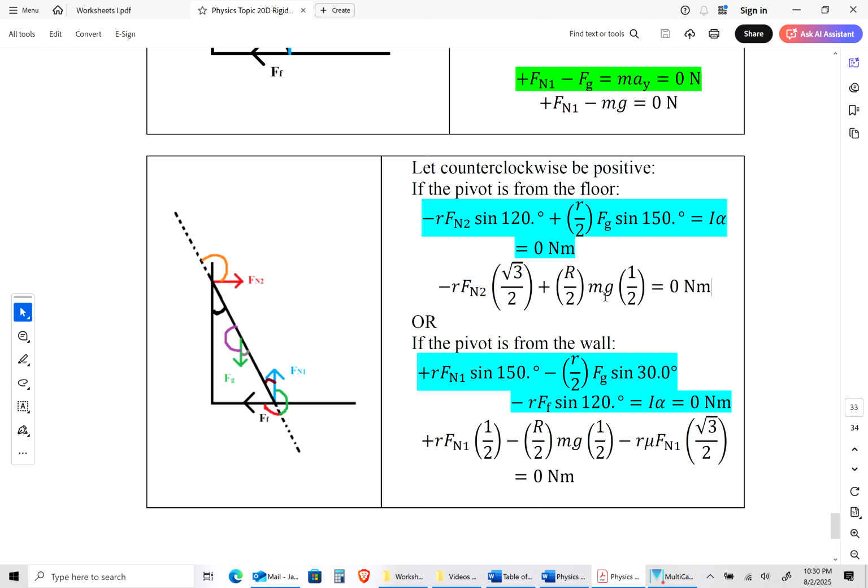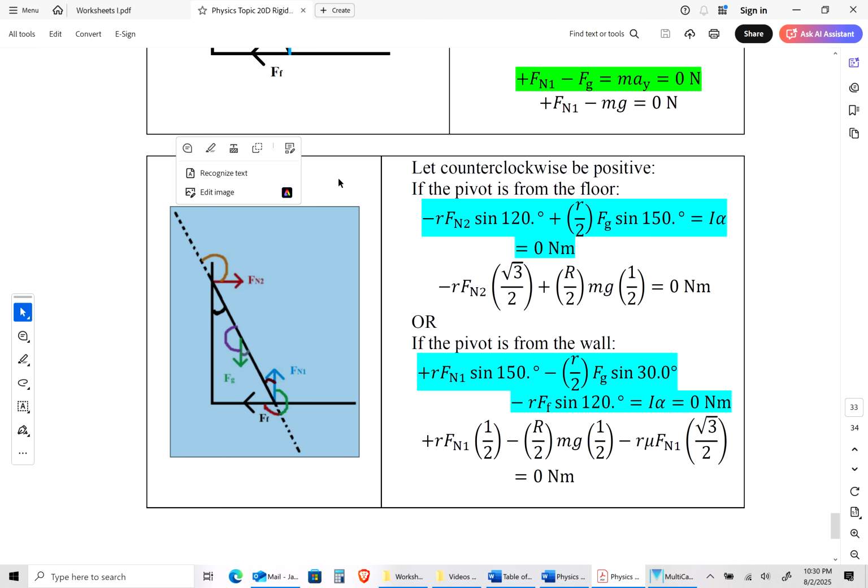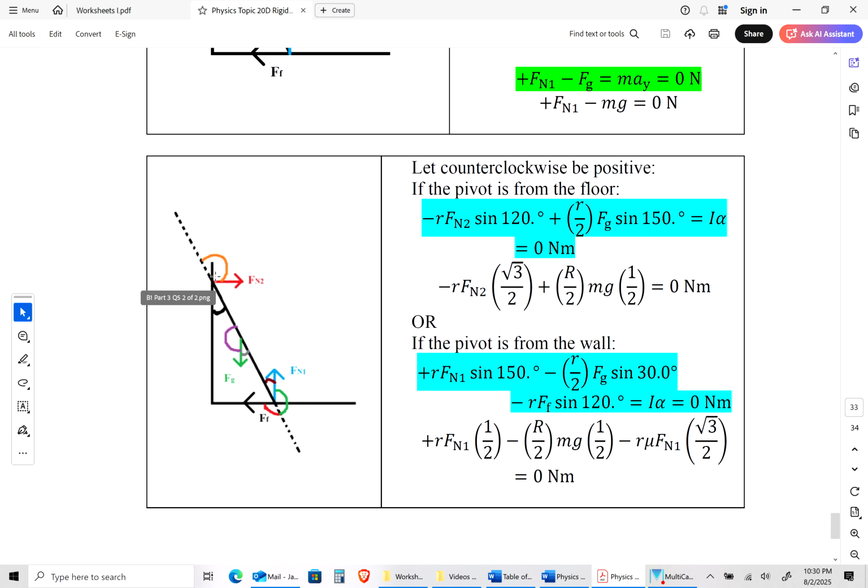Now, if the pivot is from the wall, meaning we're saying R equals 0, the origin starts at the wall, it's going to be this whole big R, which is the whole length of the ladder, times force normal 1, times sine of this angle in green. That angle in green is 150 degrees. Minus R over 2 force gravity sine theta, which means R over 2 is half the length of the ladder.